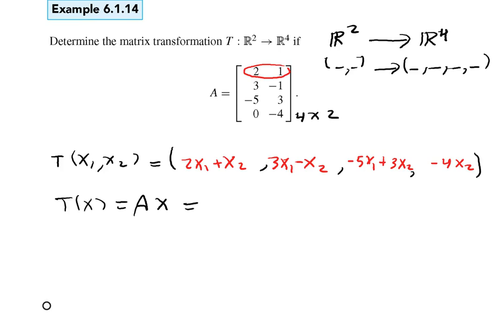Okay, here we go. This is my matrix, which you know what I'm looking at. It's 2, 1, 3, negative 1, negative 5, 3, 0, negative 4. And this is a 4 by 2.